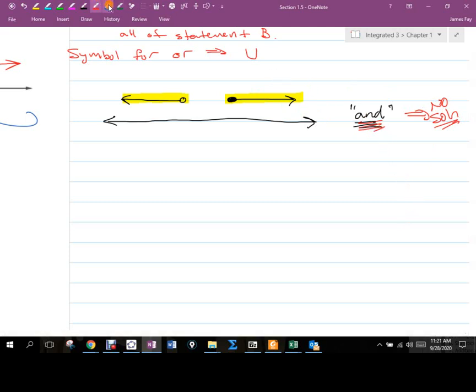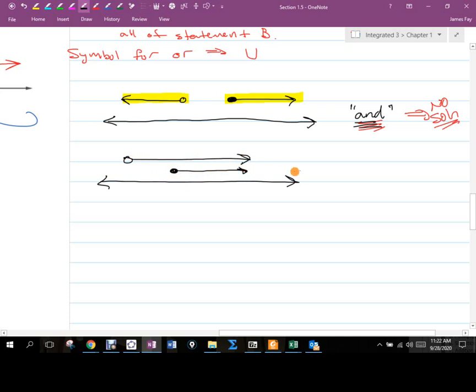If we did something like this, let's say we had our number line, and let's say one of our solution sets looks like that, and the other one maybe looks like that, and I'm using the word and again. Do you see that they only start overlapping right there? So the answer for that would just be whatever that number is.